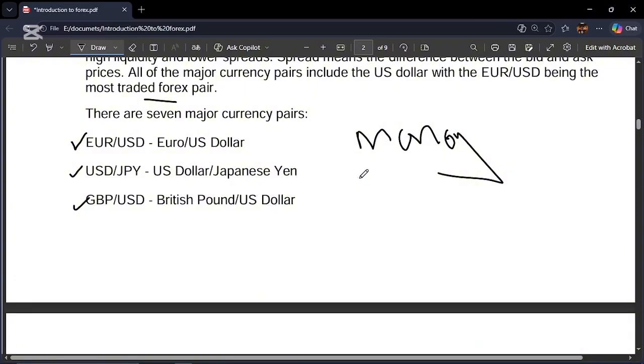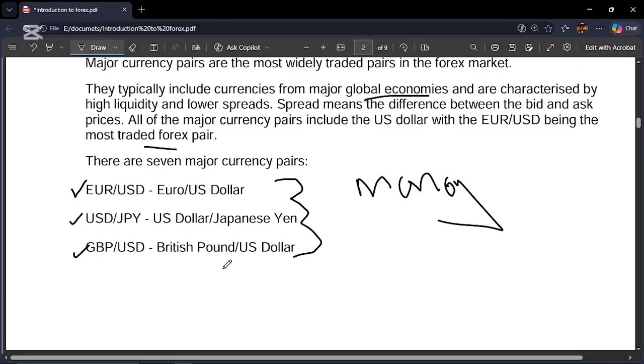I would recommend these 3 pairs. You get that? Why would I recommend that? Let's go on their technical chart as we get to know why: the Euro USD, the USD JPY, and the Great Britain Pound USD.